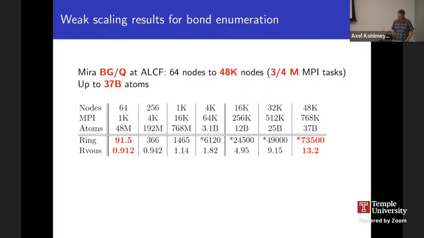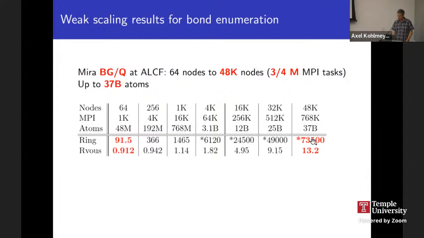Okay, so here are the timings again on the Blue Gene Q machine at the LCF. Now we're starting with 64 nodes going up to the 48,000 again, 750,000 MPI tasks. 48 million atoms here on 64 nodes, 37 billion atoms for a huge molecular system on that many nodes. And again, we had a ring version of this algorithm originally.